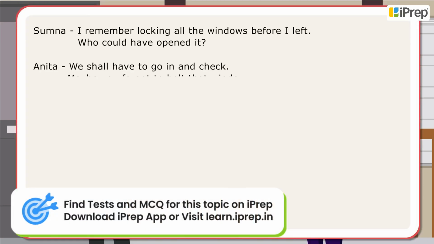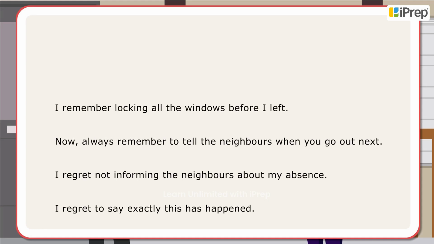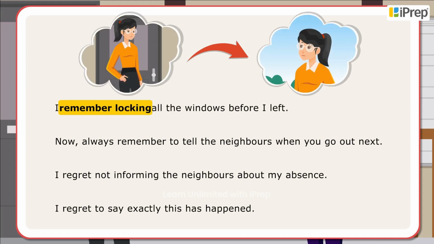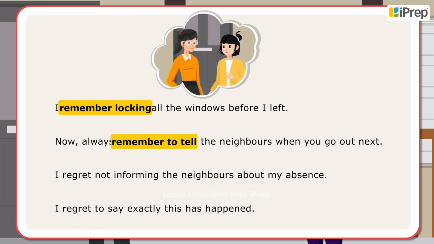In the dialogues, Sumna and Anita have used verbs remember and regret with ing and with infinitive, conveying a difference in meaning. The use of the verb remember with ing denotes the action has taken place earlier, which you remembered later. When remember is used with to and infinitive, it means that first you remember and then the action takes place.